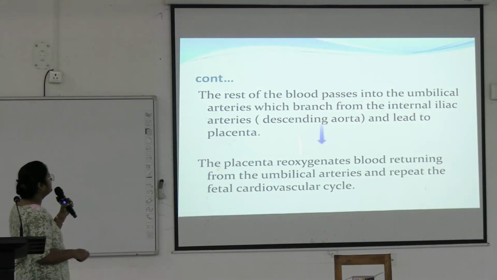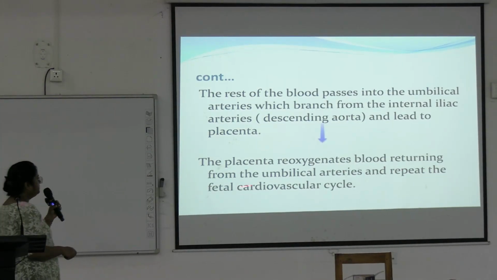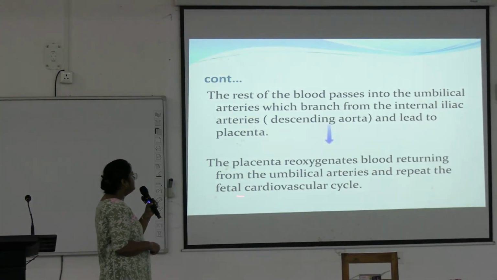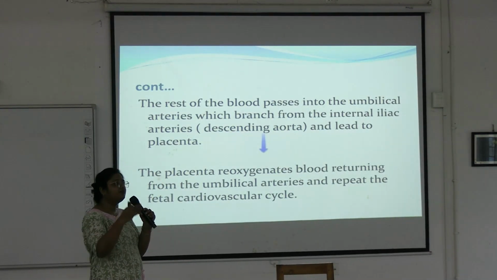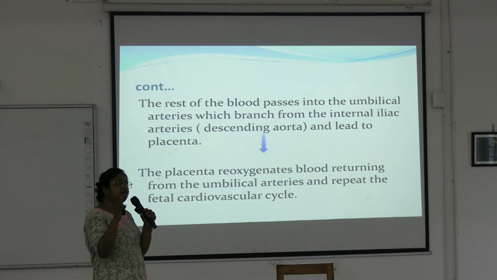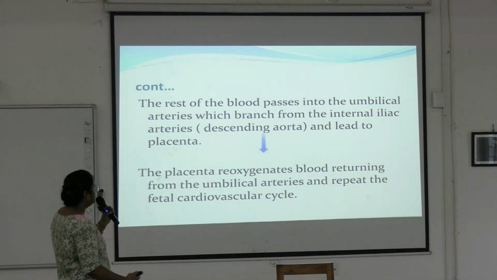And the placenta reoxygenates the blood returning from the umbilical arteries and repeats the fetal cardiovascular system. Again, reoxygenation occurs, again passing through the umbilical vein, going towards the fetus, and all the circulation occurs again.